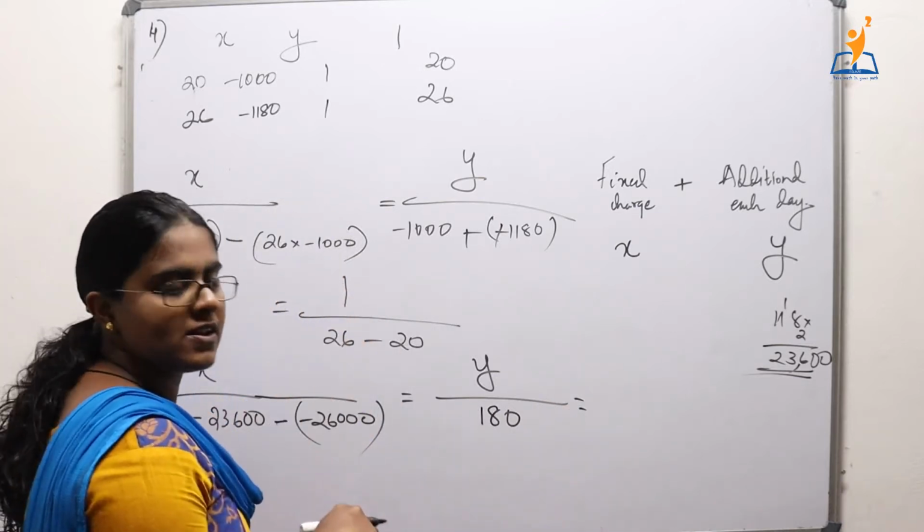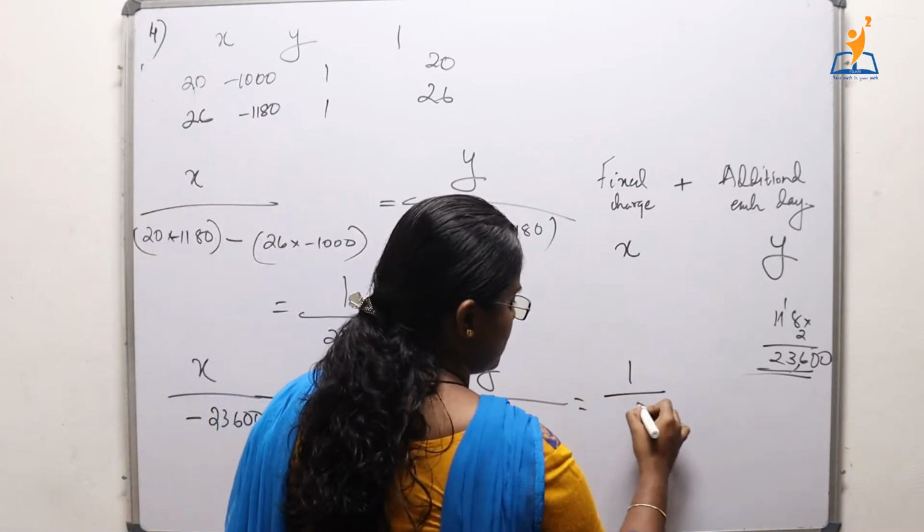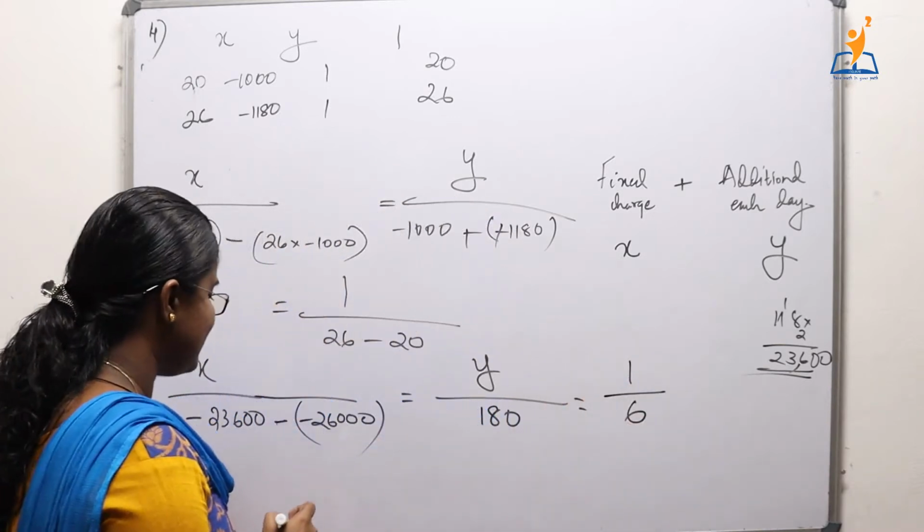What is 26 minus 20? It is 6. So it is equal to 1 by 6.